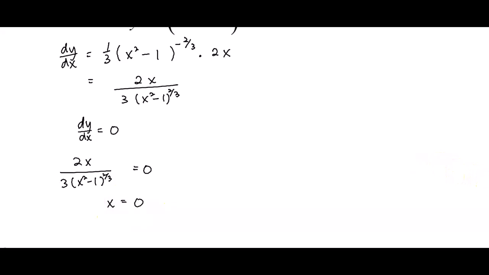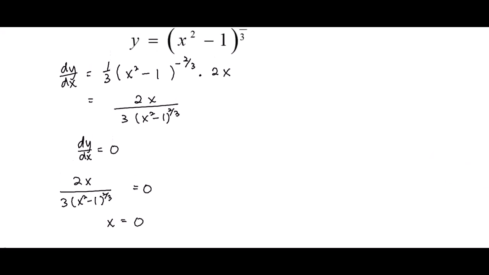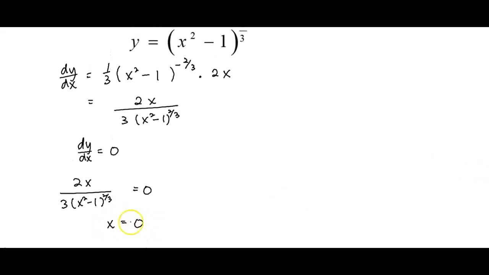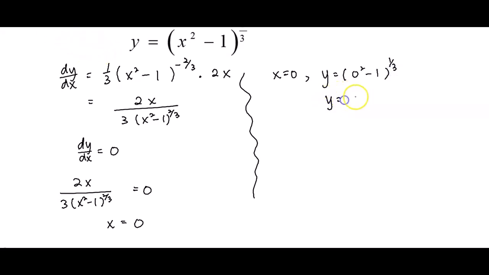Then if you would like to know the point, you need to substitute x equals 0 back into y itself. When x equals 0, y equals (0 squared minus 1) to the power of 1/3. You will have y equals -1. So the stationary point is (0, -1).